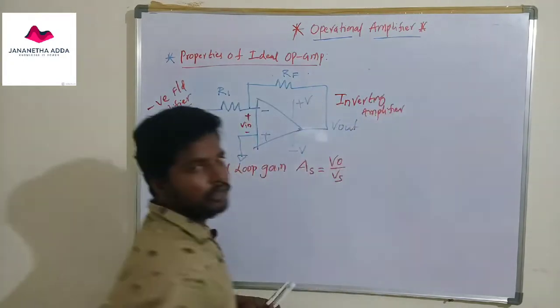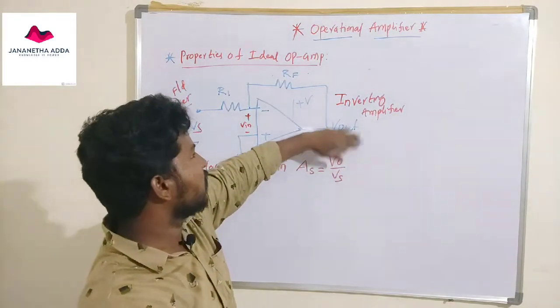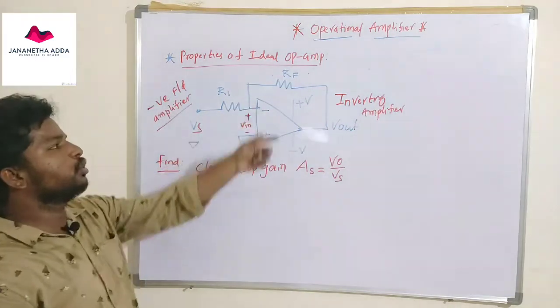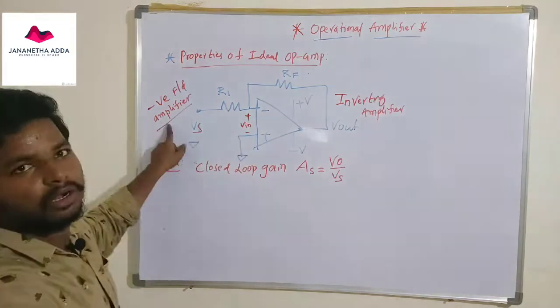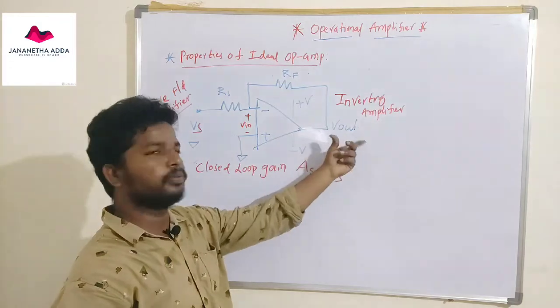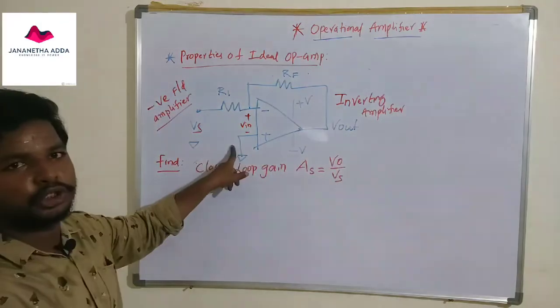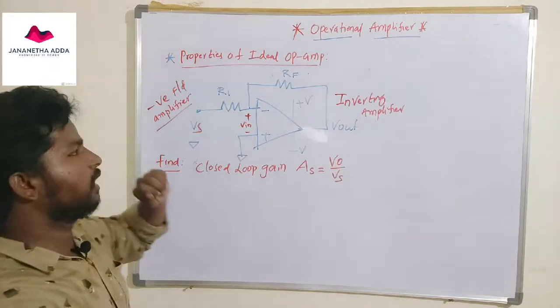So here we have got two points. Because some part of the output has been fed to the input section through the negative terminal, it is called a negative feedback amplifier. If some part of the output is fed back to the positive terminal, then it is called a positive feedback amplifier.